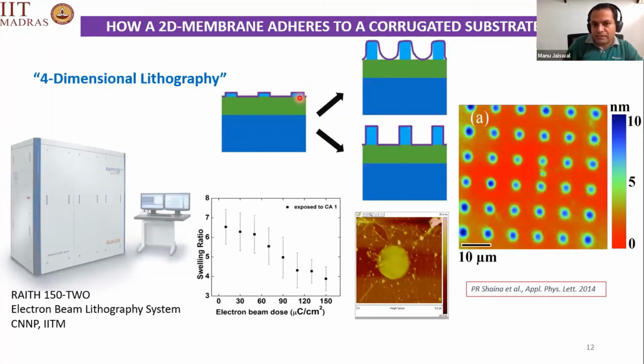We can code this resist to swell in the Z direction, out of plane direction, and that swelling can cause the aspect ratio to increase substantially. So we begin with a resist which is small, and we could make it increase by 10 times in height. And then we ask the question whether this graphene will follow the resist or will it not follow the resist.